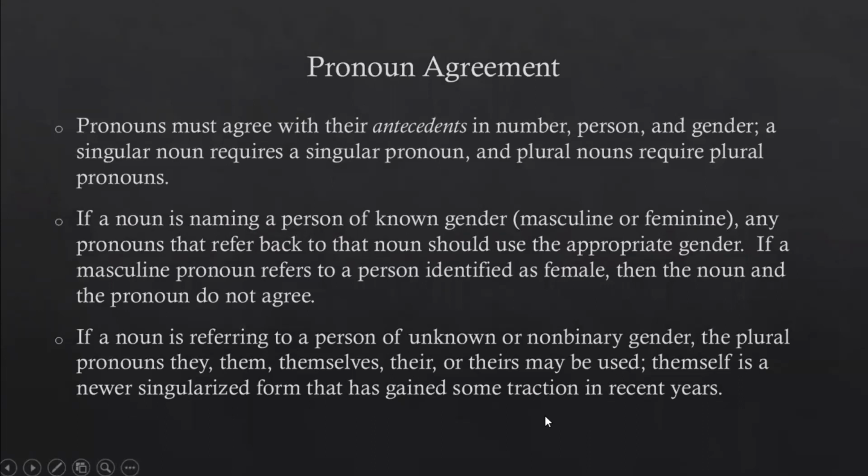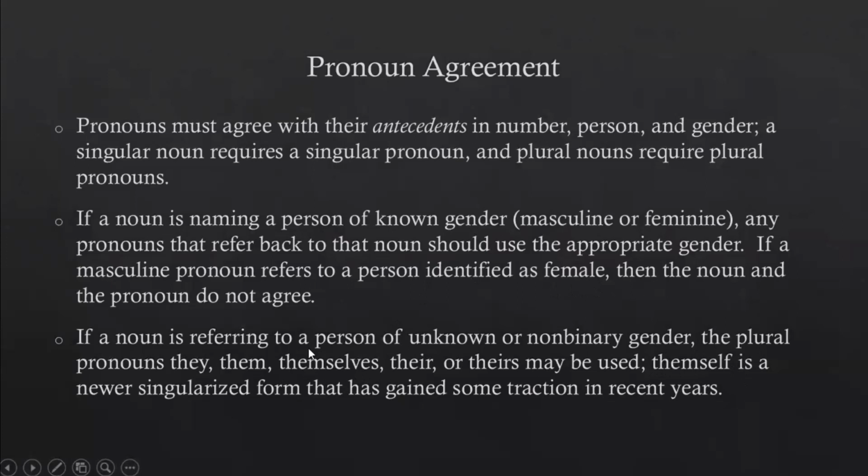All of the writing handbooks will tell you when you're referring to a person of unknown or non-binary gender, use they, them, themselves, and so on. And so it's all perfectly legitimate and correct and grammatical. You'll also notice, I've been seeing this quite a bit lately in the last couple of years, people using themself instead of themselves.